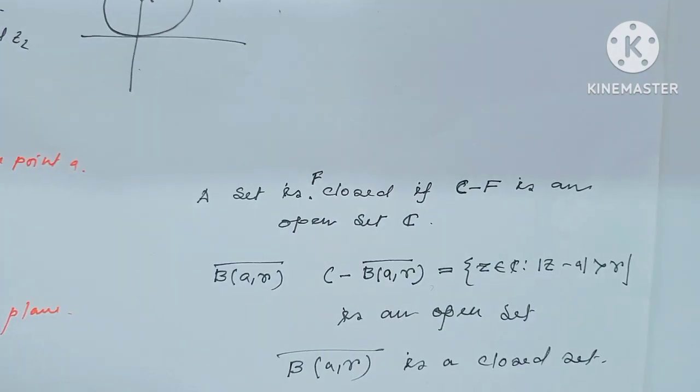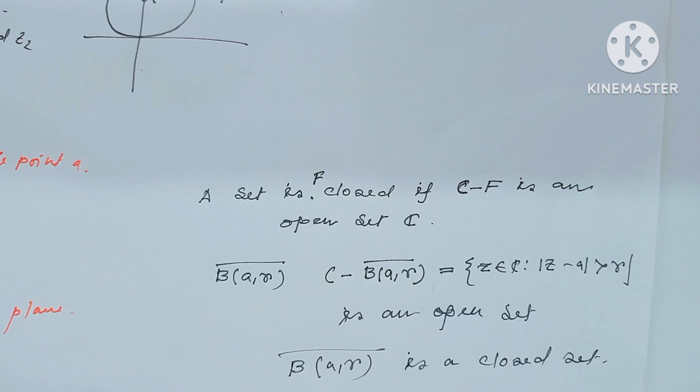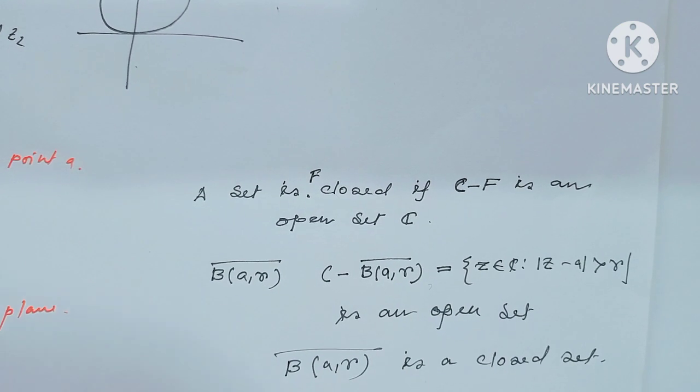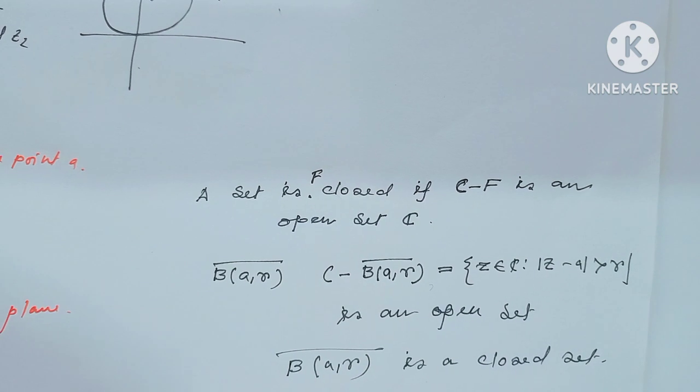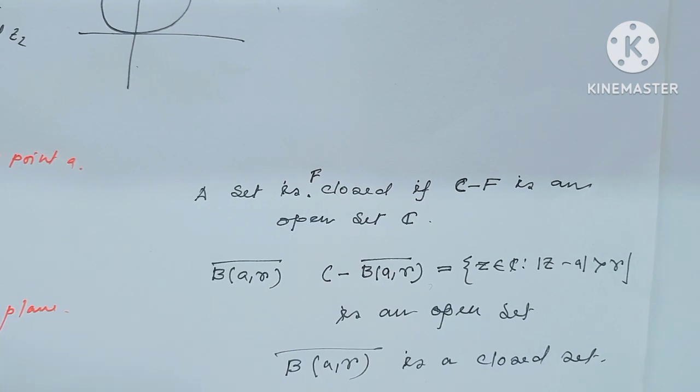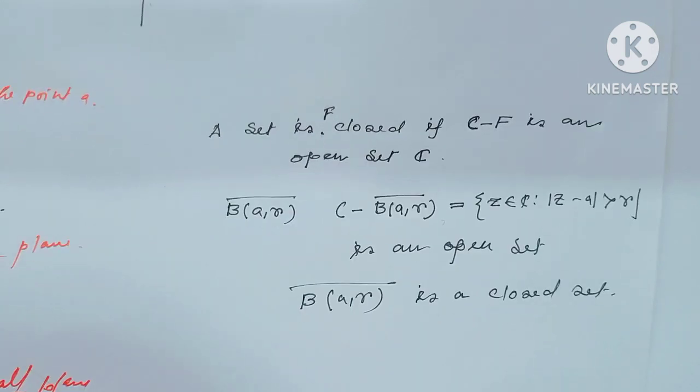What is a closed set? Another idea of a closed set: a set F is closed if it contains all its limit points. Now I will say what the definition of a limit point is in complex analysis.